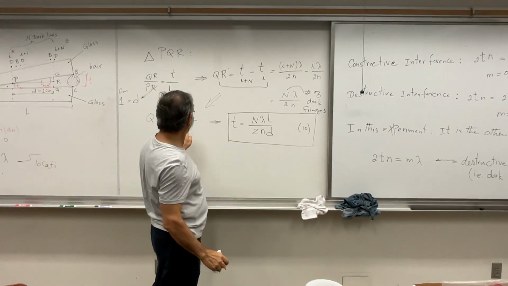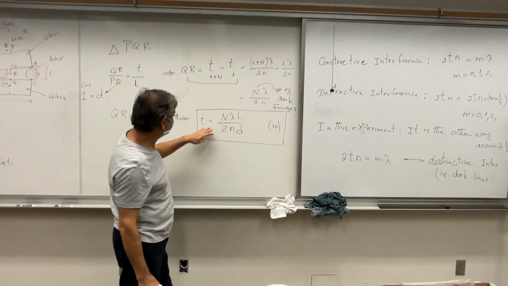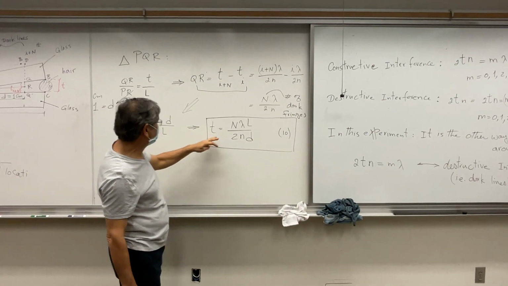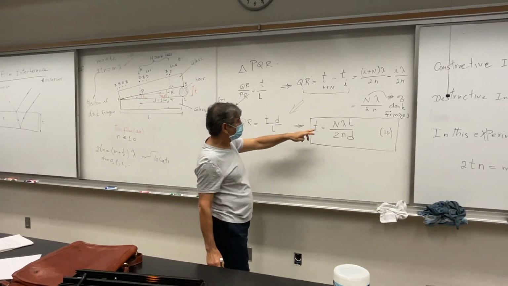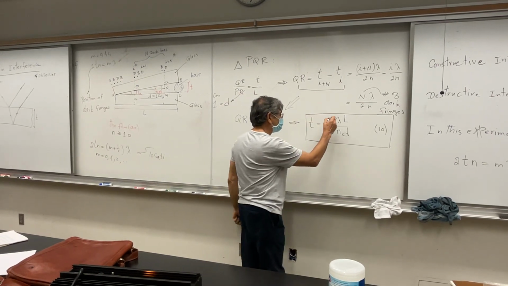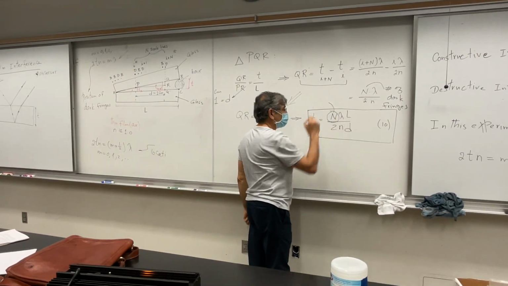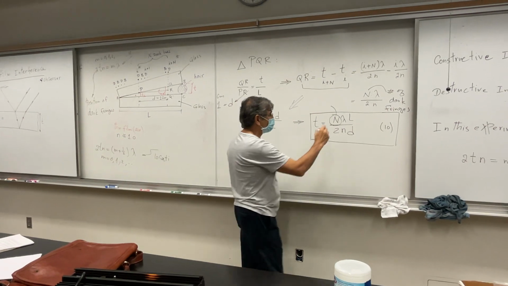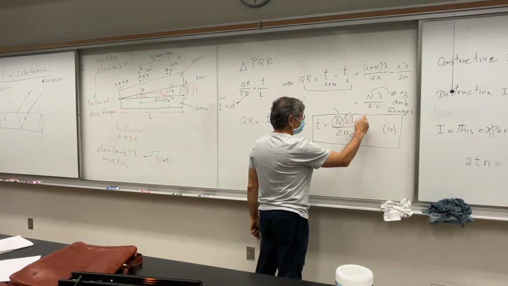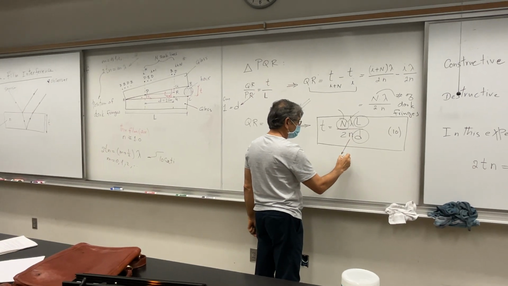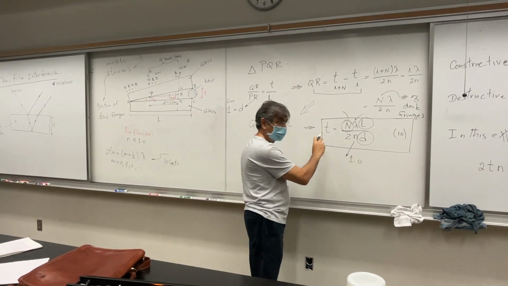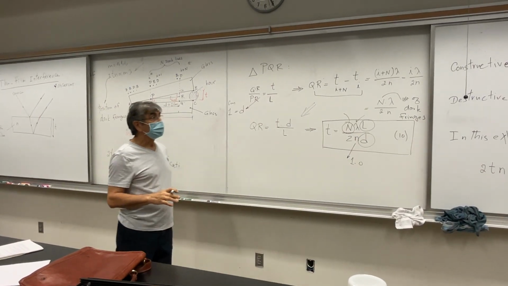And so from the combination of these two, you can find T. That's the thickness right here of that hair. Basically, this is what we do. Measurement in here. Lambda is given. L we have to measure at the beginning, D at the beginning, and N is equal to 1, so you can find T.